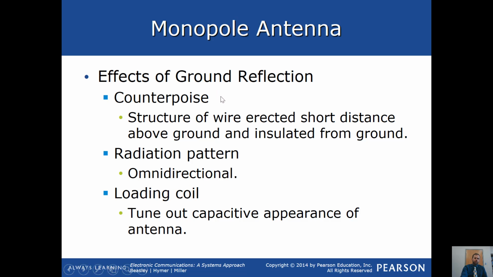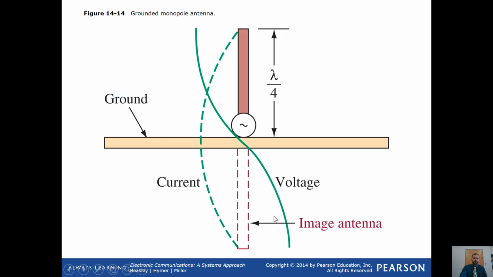What about other effects of ground reflection? Counterpoise is when the structure of the wire erected is a short distance above the ground and insulated from the ground. The radiation pattern is omnidirectional, and the loading coil tunes out the capacitive appearance of the antenna. So that's for a monopole antenna.